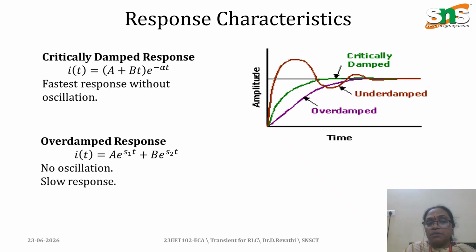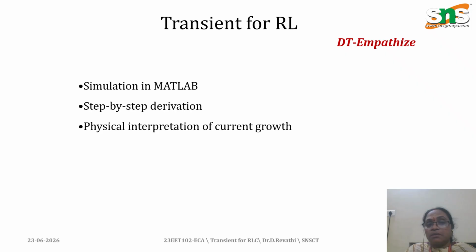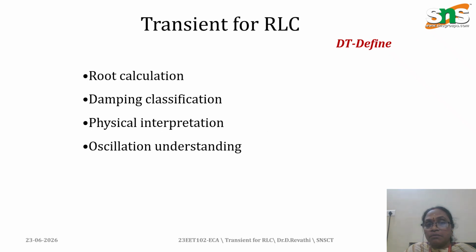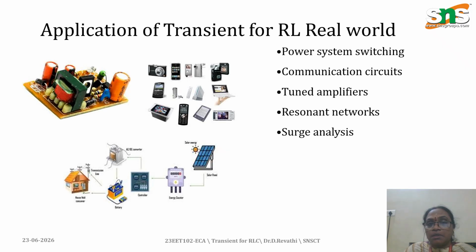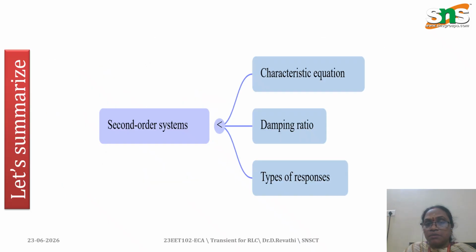For overdamped also we are writing the equation i(t), and for underdamped also we have written it. Applications of this equation are power system switching, communication systems, tuned circuits, resonance networks, and surge networks.